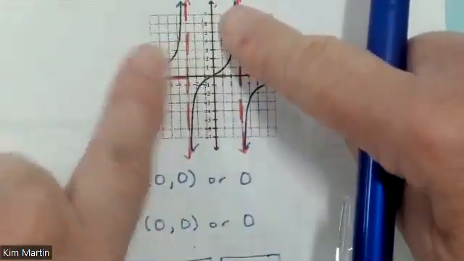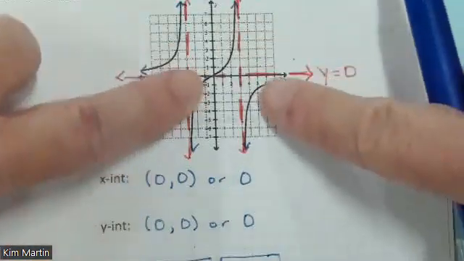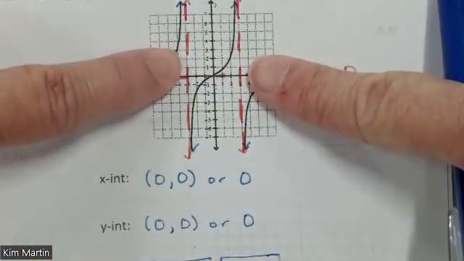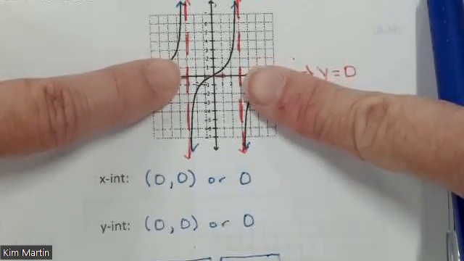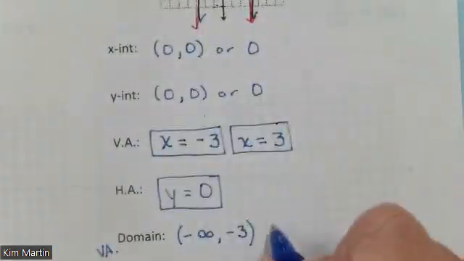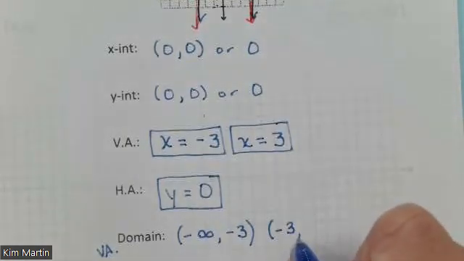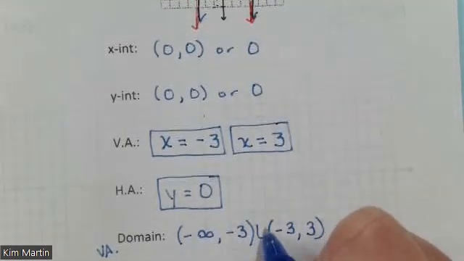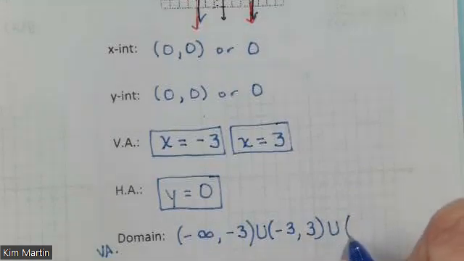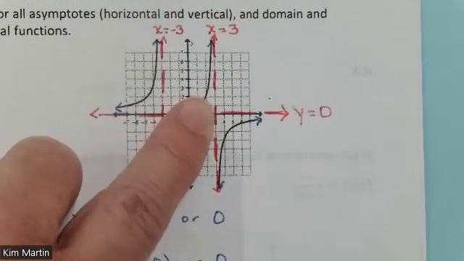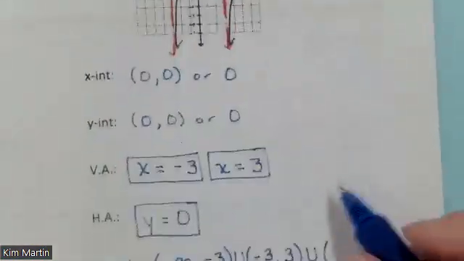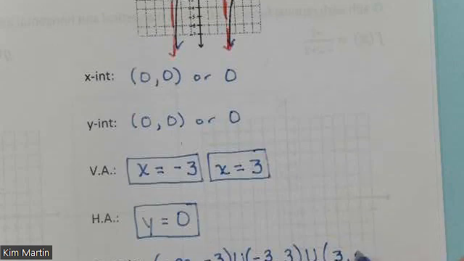That took care of this here. Well, we also have things between here and here. So between -3 and 3, parenthesis, -3 to 3. And then you have the right of this asymptote, so it's from 3 to infinity. Notice we use parentheses.